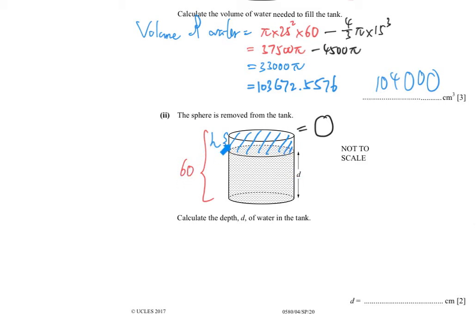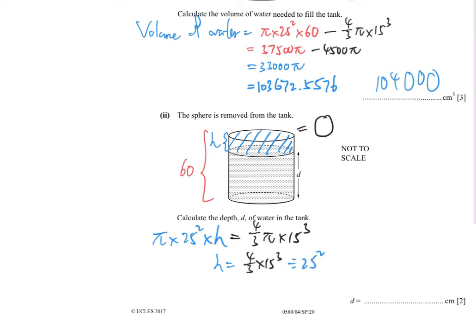When you think about this cylinder, the volume should be pi r squared. The radius is still the same, 25 squared times h, the height, will be equal to the volume of the sphere. Then you can calculate h equals that whole thing divided by this, and the pi will cancel out.